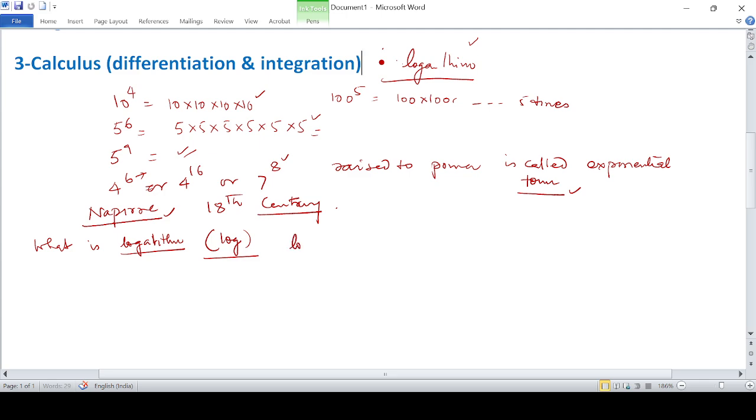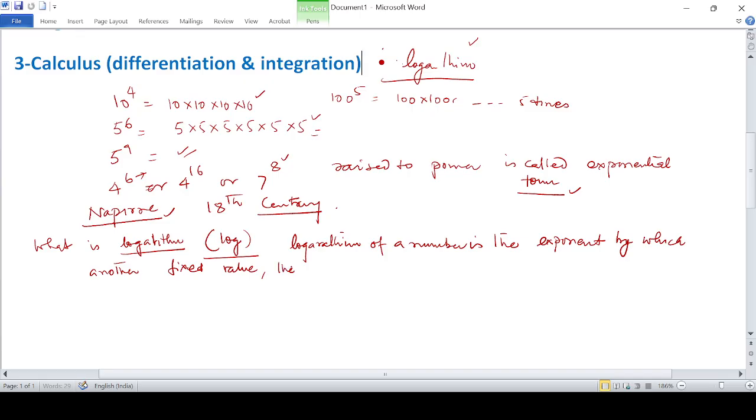So, the logarithm of a number is the exponent by which, try to understand, by which another fixed value, the base, must be raised to produce that number.